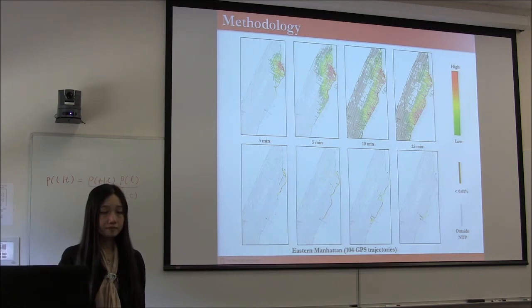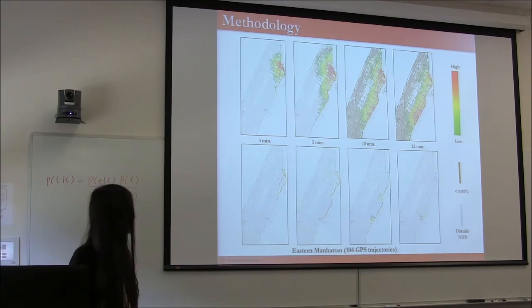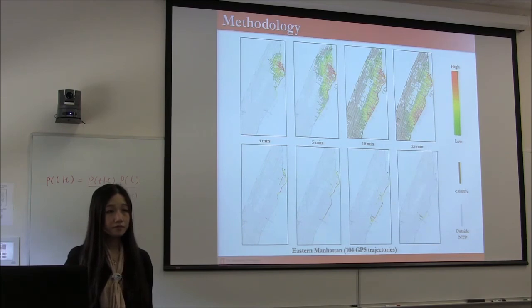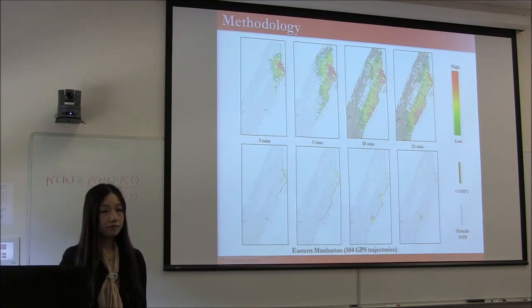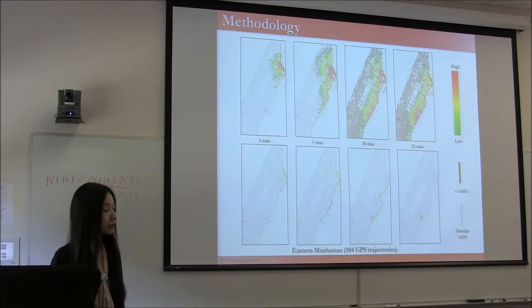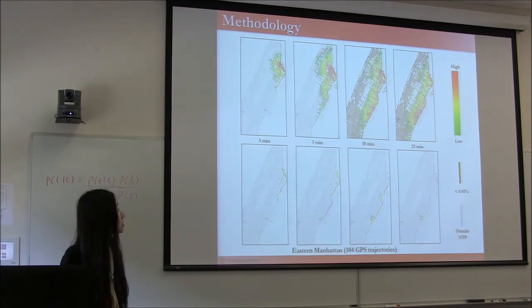You said the two pictures visually match very well, but I do not understand very well, because the visit probability is an area, a lower or higher possibility, but the ground truth is a trajectory, it's a line. So how do you compare an area and a line? That is a good question.